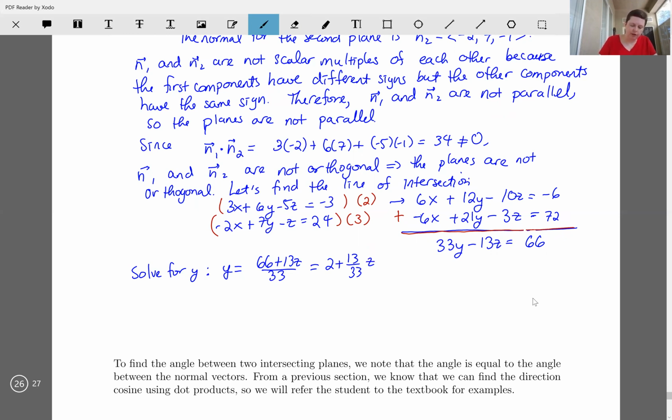All right, so let's get our parametric equations of the line. Here's how we're going to do it. Let's write z as a function of a parameter t.